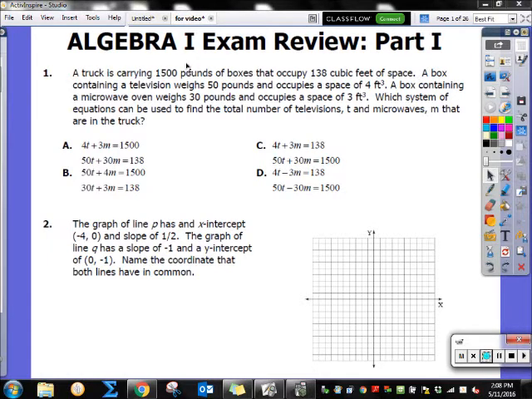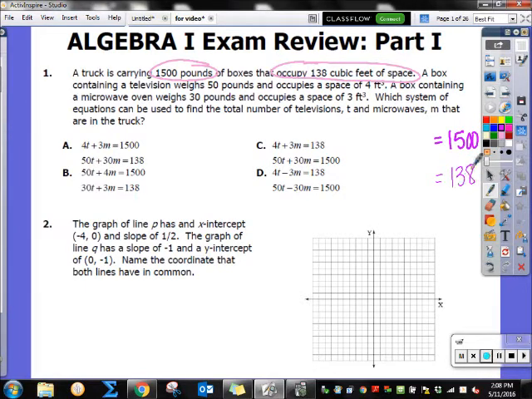We have to write an equation about the pounds, and then we have to write an equation about how much space that they occupy. So I know that one equation is going to equal 1,500, and the other equation is going to equal 138.